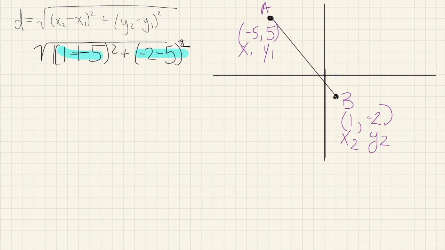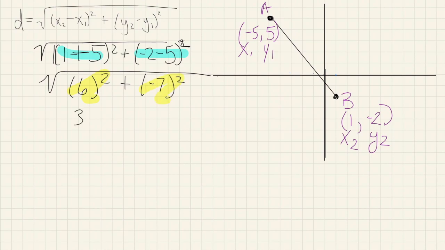Then we'll go ahead and add them together. Which will give me 1 plus 5, which is 6 squared, plus negative 7 squared. Then next we're going to do the squaring, which will give you 36 and 49.